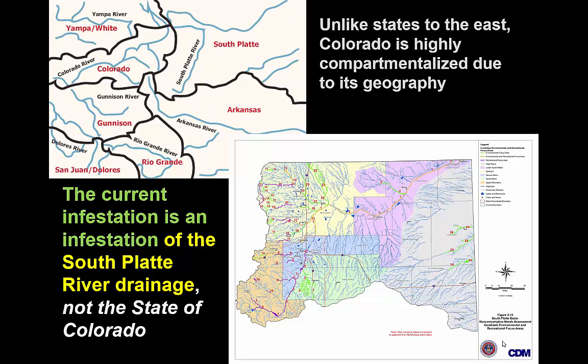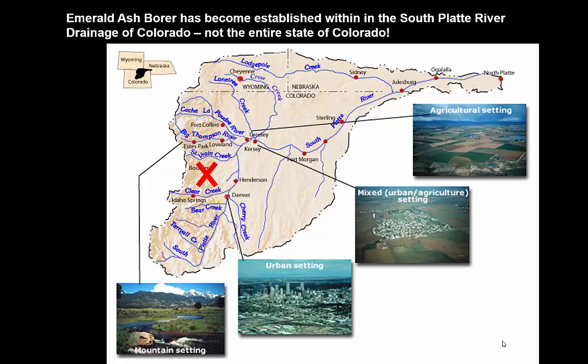So the current infestation in Colorado, in Boulder, is an infestation of an area that is the South Platte River drainage that also extends up into Cheyenne and parts of Nebraska. This is an area that is, again, defined by geographic barriers. To the west, the Rocky Mountains. To the south, you have other barriers that would prohibit it from moving.